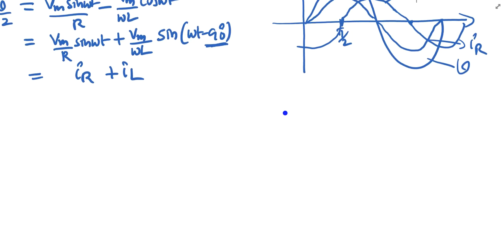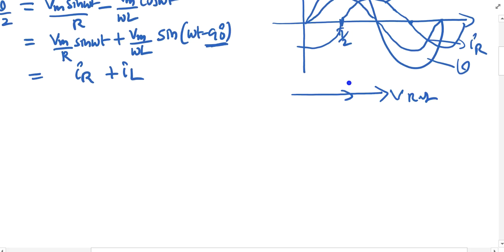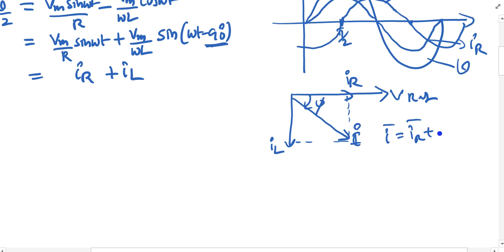If you talk about the phasor representation, then this is my V reference. Along with this is my IR, and this is IL at 90 degrees with respect to it. The resultant of these two is your I, at some angle. So I vector is equal to IR vector plus IL vector.